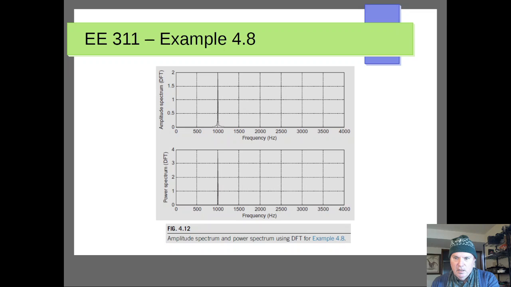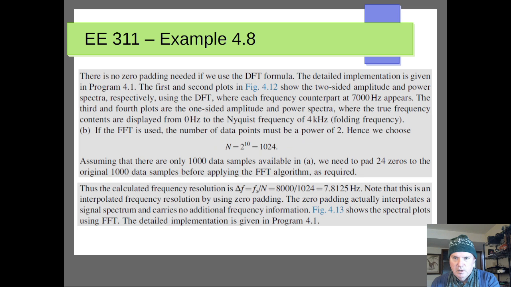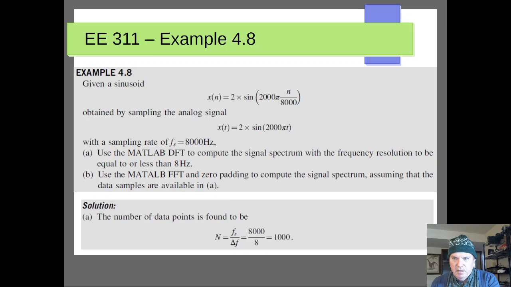This is showing the one-sided spectra, so we should get from the amplitude spectra directly a height of 2. That should correspond to the amplitude of our sinusoidal component.